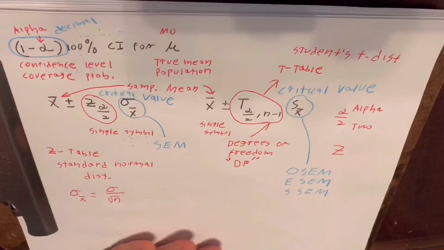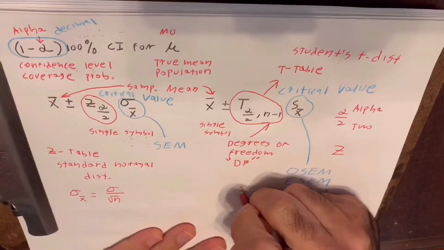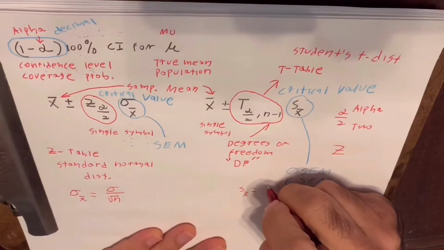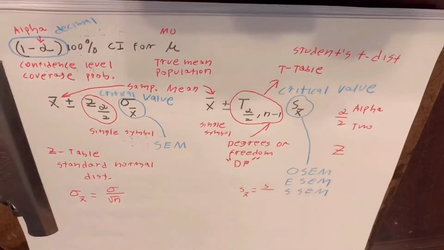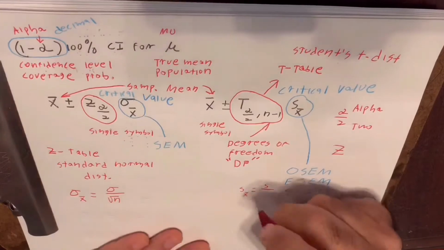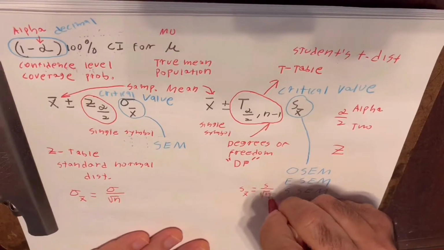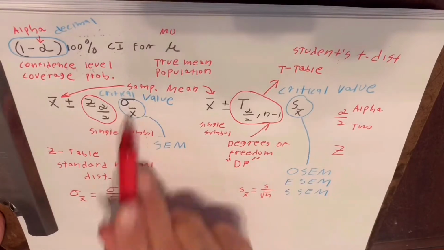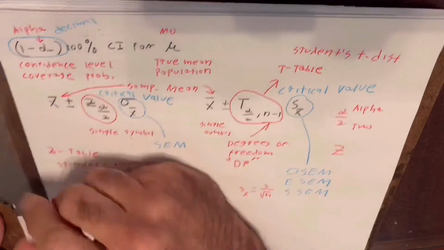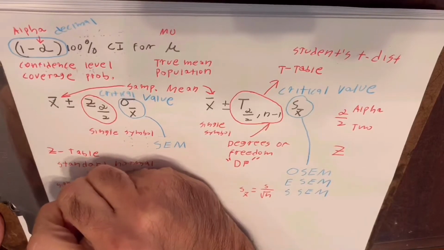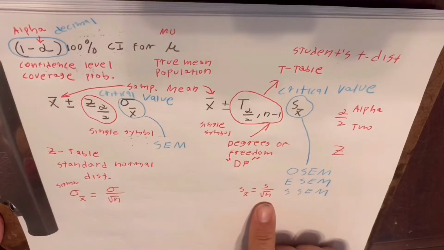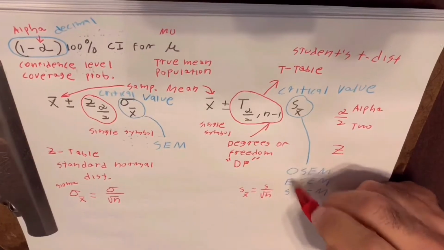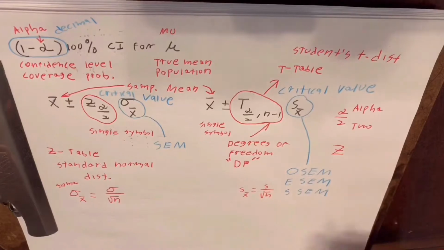And the estimated standard error of the mean is equal to the estimated standard deviation divided by the square root of the sample size. So the only difference between the term using sigma and the term using S is that the term using S is observed, estimated, or sample.